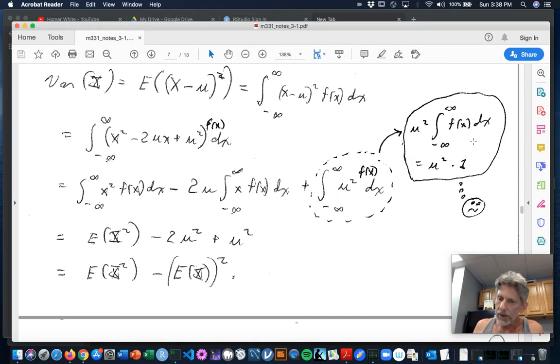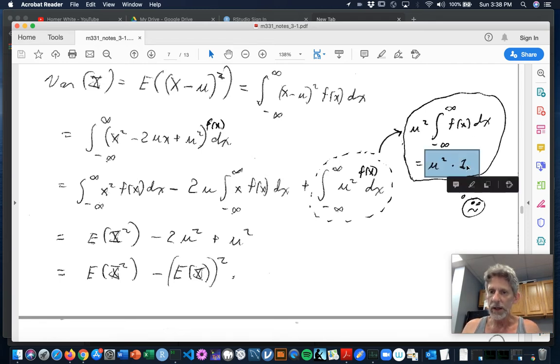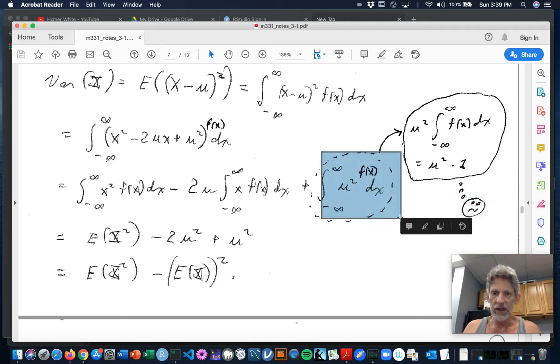So the total area underneath a density curve has got to be 1, just like the sum of all the probabilities in a probability mass function has to be 1. So this is really just mu squared times 1. That's the thinking I'm doing to connect this to just mu squared.